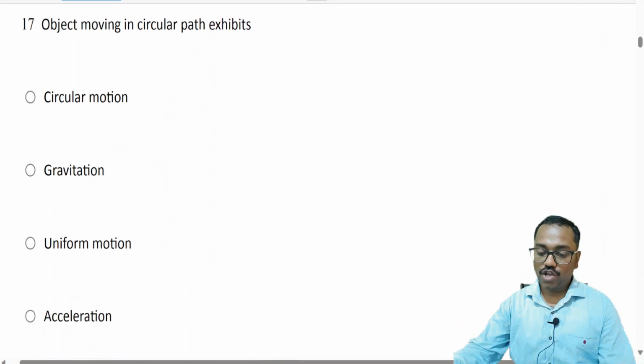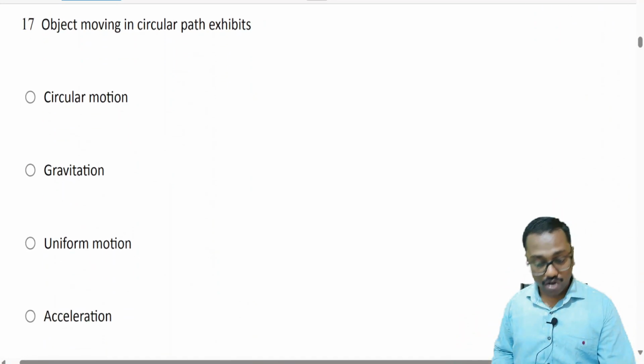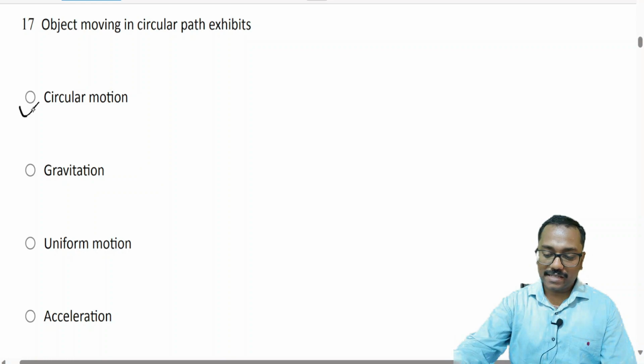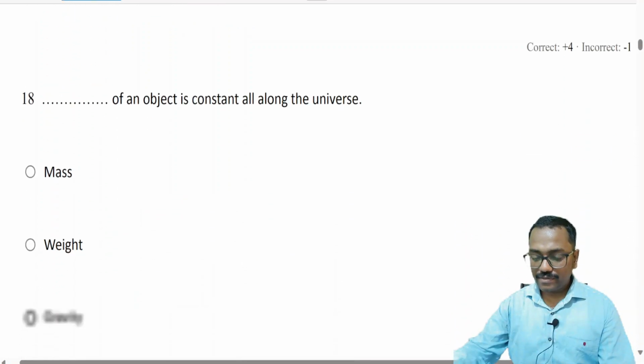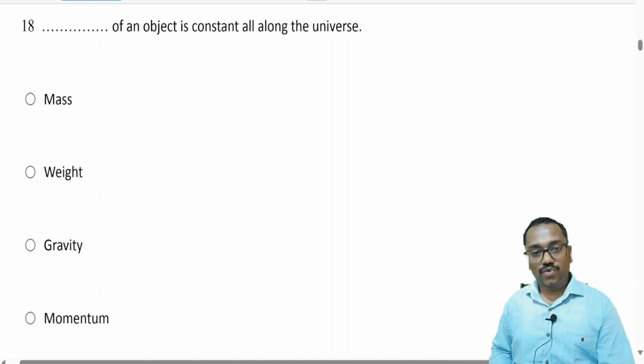17th question. Object moving in circular path exhibits circular motion, gravitation, uniform motion, and acceleration. So we know that object moving in circular path exhibits circular motion. 18th question. Dash of an object is constant all along the universe. Mass, weight, gravity, momentum.